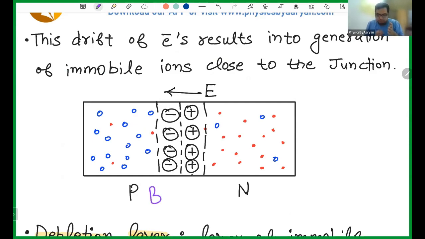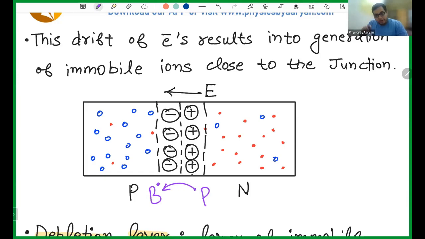Here we had boron, which got the extra electron and became a negative ion. Here we had phosphorus, which gave its extra electron away and became a positive ion. So on the N side we get positive ions, and on the P side we get negative ions.